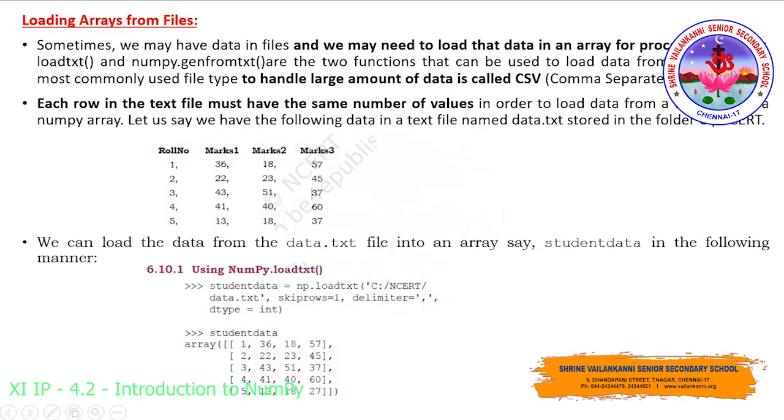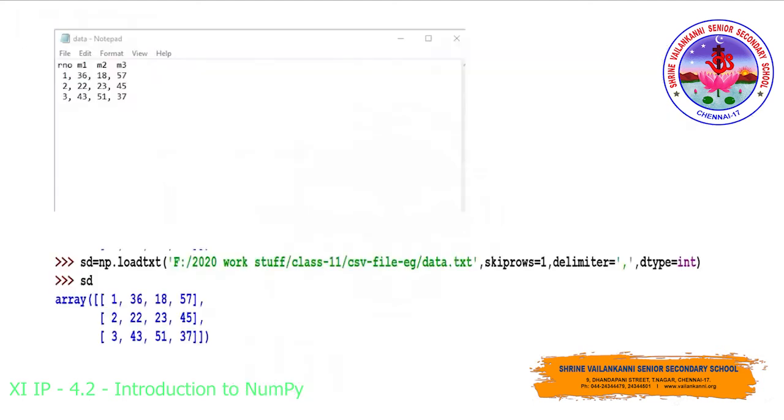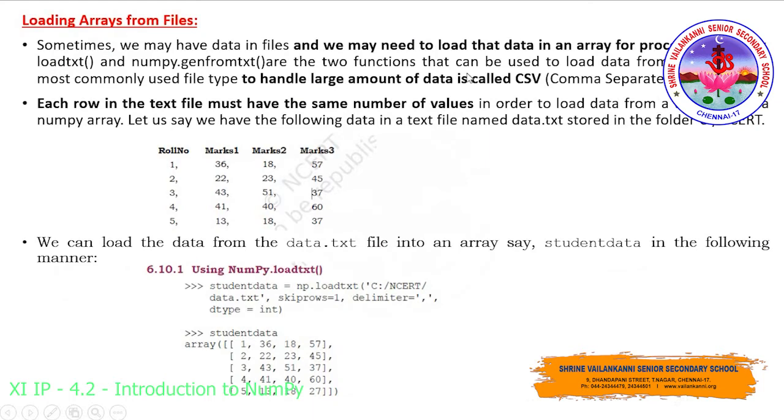For example, if we store some data in a notepad, this data can be loaded as an array into the NumPy library, into our NumPy programs. Here I have created some data in a notepad, and I can load this data into a NumPy array.